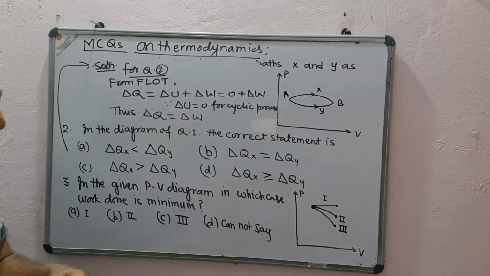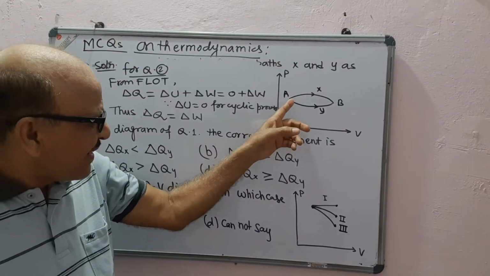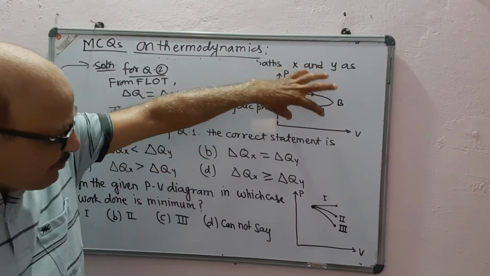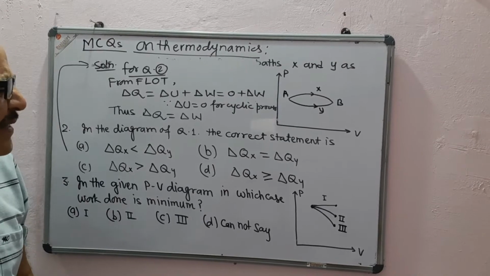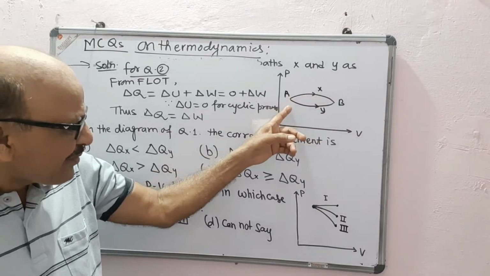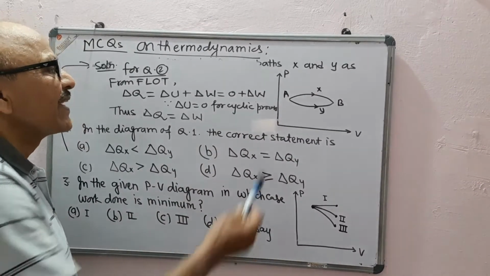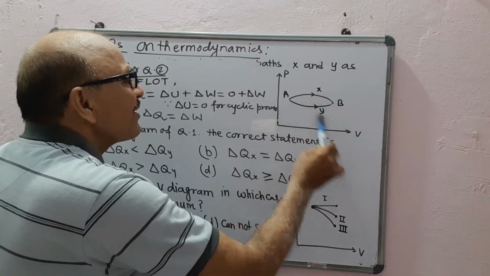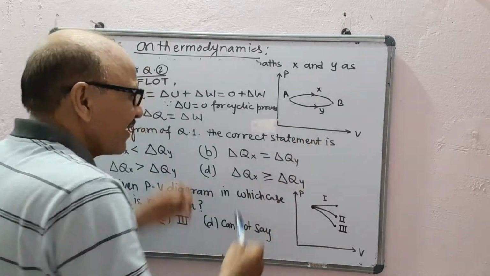And you know the work done by the indicator diagram with the volume axis is equal to the area under the curve of the indicator diagram with the volume axis. Therefore, the area of this curve will be greater than the area of this one.